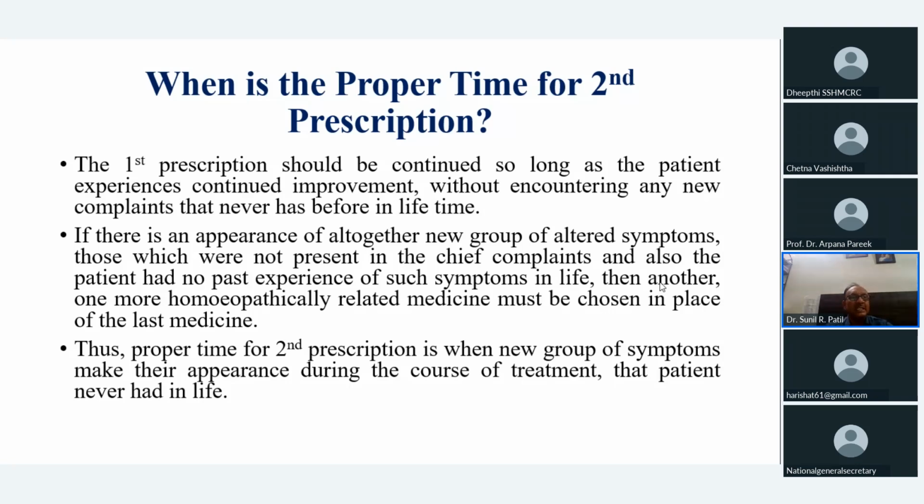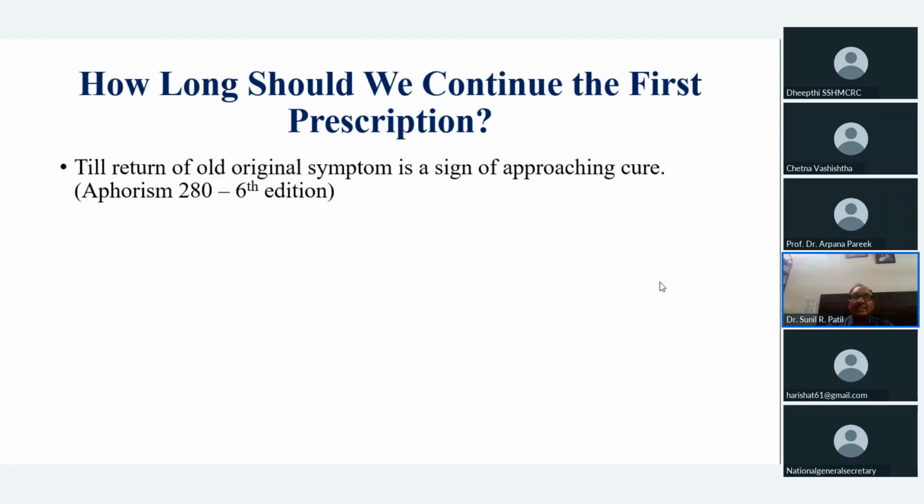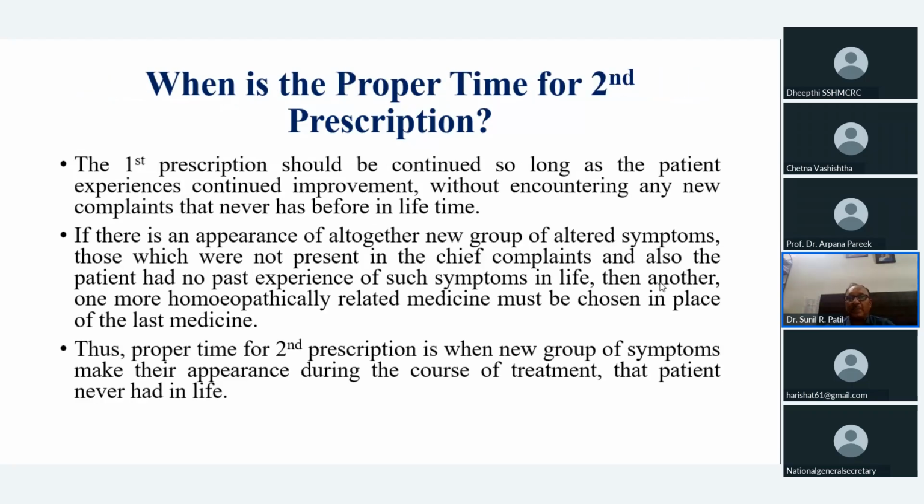The first prescription should be continued so long as the patient experiences continuing improvement without encountering any new complaint that they never had before in their lifetime. As the first slide said, if the old original symptom has not occurred, we can continue the first prescription, provided no new complaint occurs that they never had before in their lifetime.